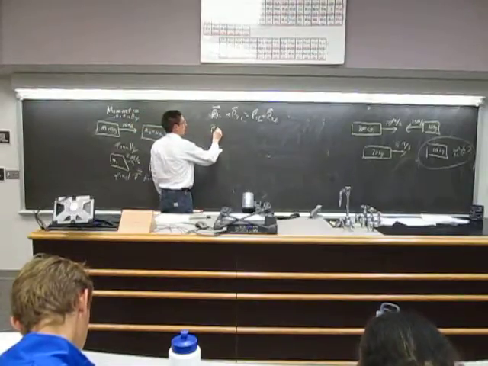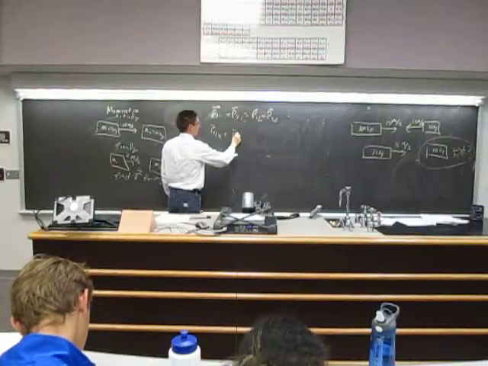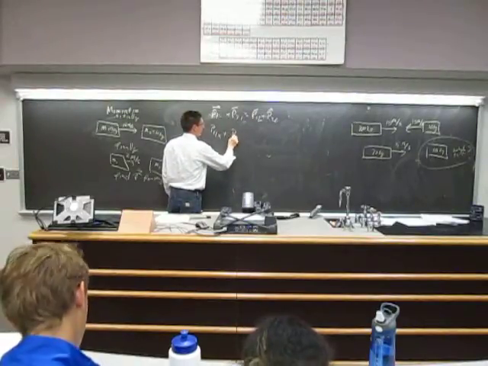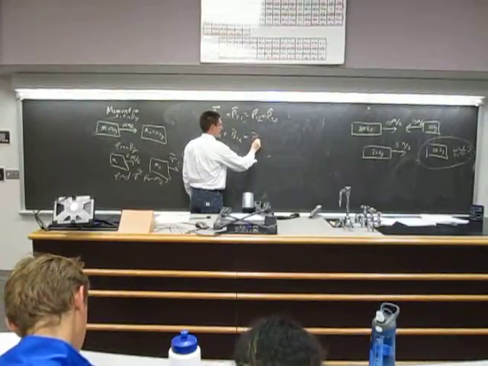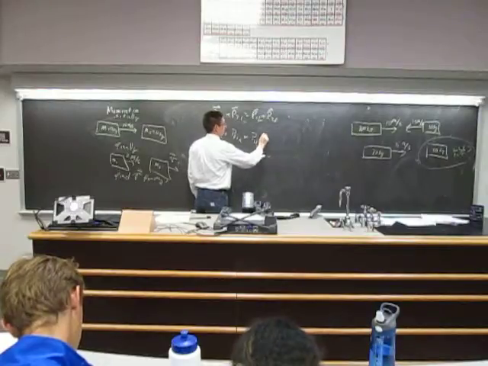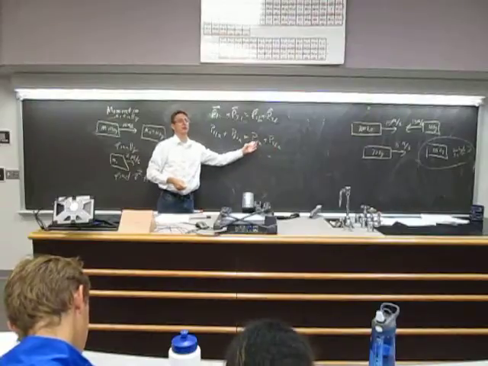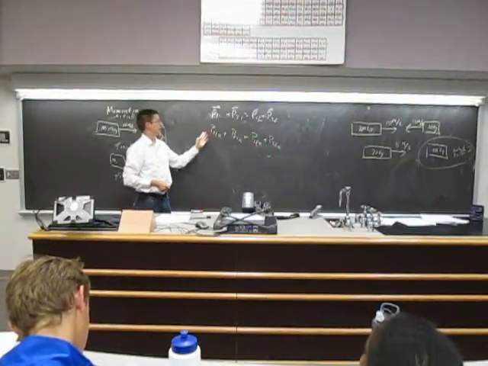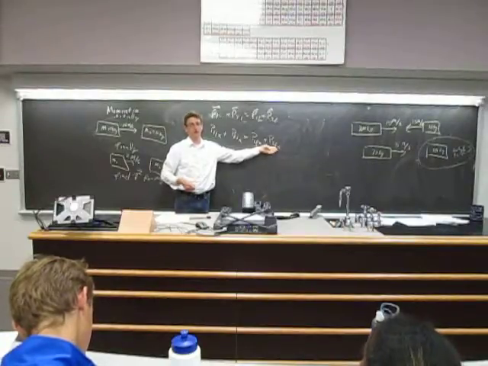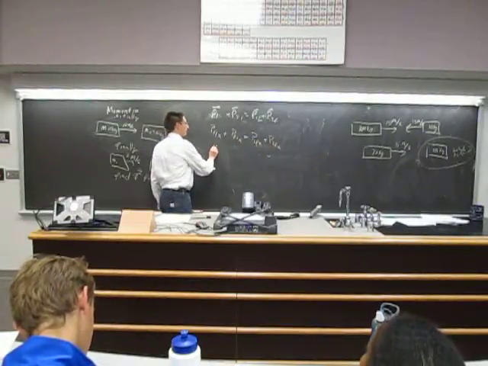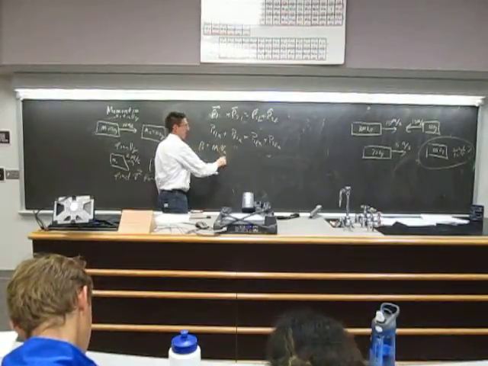I could write this as P initial 1x plus P initial 2x is P1 final x plus P2 final x. So the x part of the momentum is conserved. The total sum of the x part of the momentum before and after, and the x part of the momentum would be whatever the mass is times the velocity in the x direction.